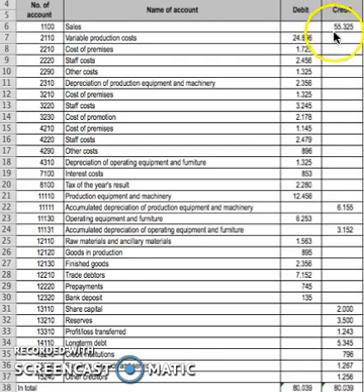Sales is a credit of 55,325, and then we have variable production costs. I'm not going to mention all the numbers, but I'm just going to mention how you do it.